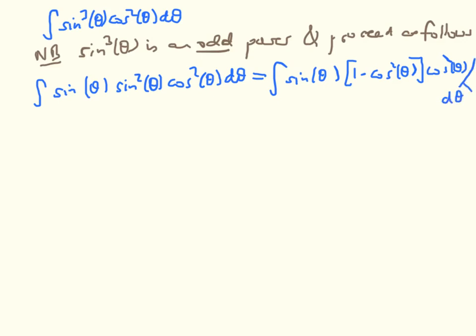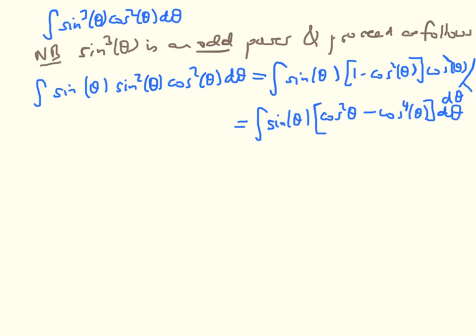So what we have is the integral of sine of theta times, and then it's cos squared theta from when the 1 is multiplied by the cos squared, minus, and then we have cos squared times cos squared, so that's cosine to the power of 4 of theta integrated with respect to theta.